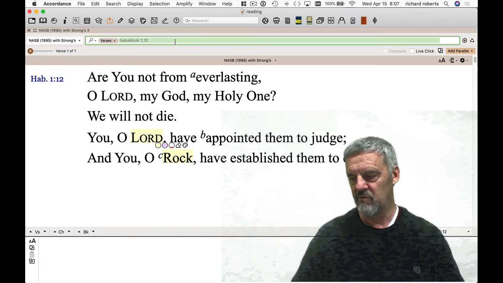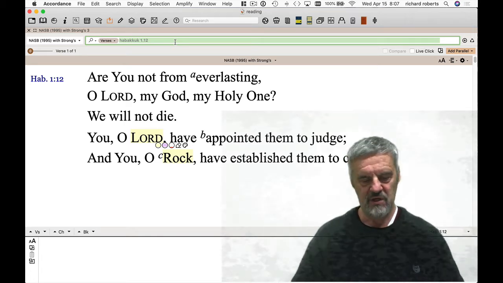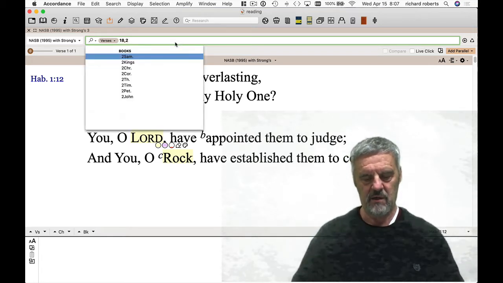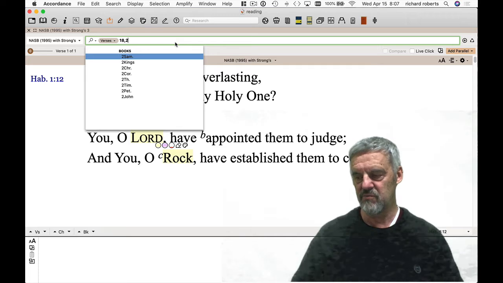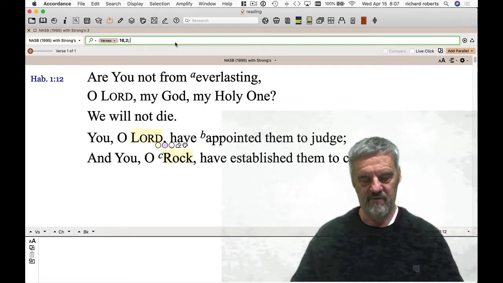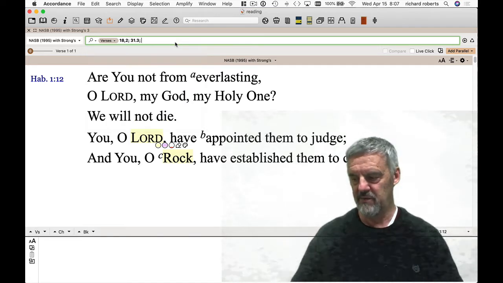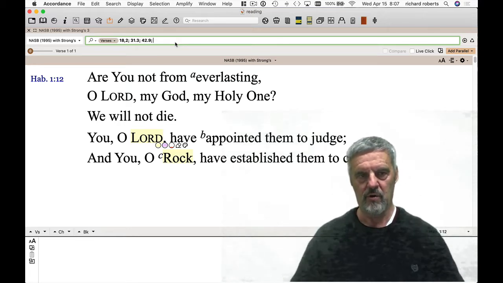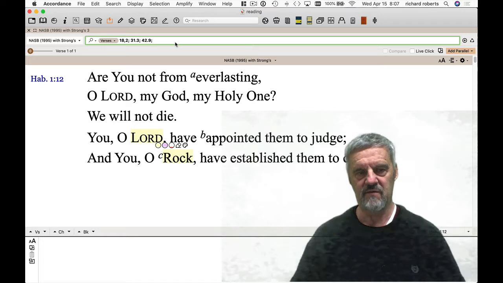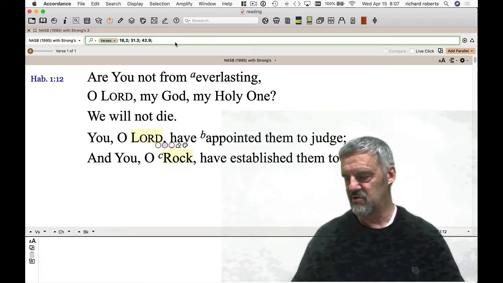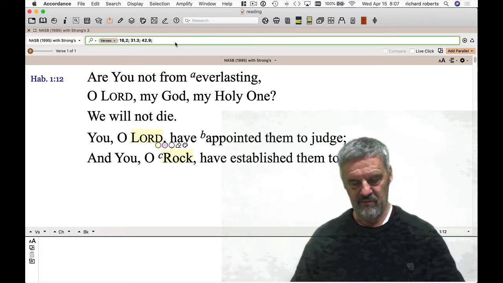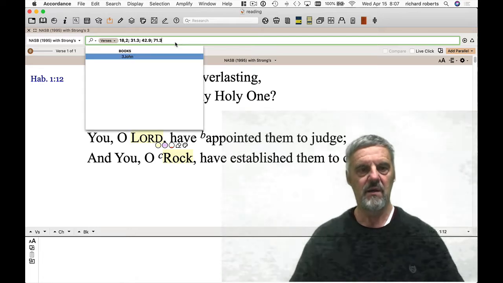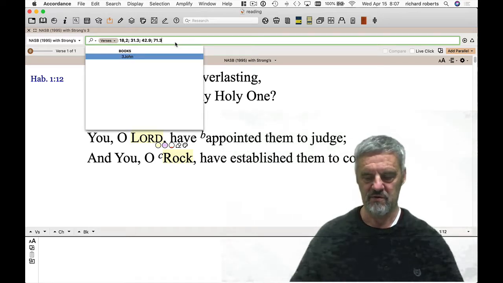The first word that we're going to look at that's used for rock is pronounced Selah, if I haven't mentioned that already. Selah is not the same word as we find at the end of some of the Psalms as a musical notation. They sound the same, but the meaning or the spelling is different, so they're not the same word.